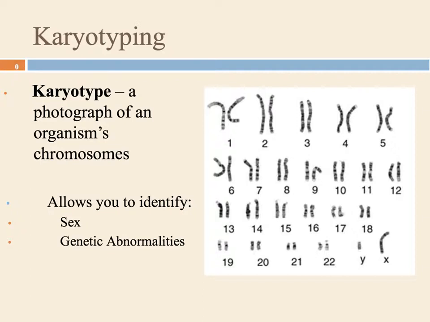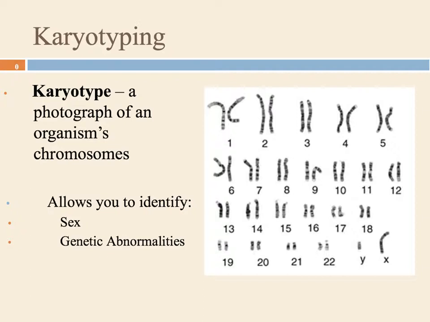It allows us to identify the sex of the individual, and it also allows us to determine if there is a genetic abnormality. So again, you're going to have two chromosomes for each number, because you got one from mom and one from dad, and we number them, and we know that there are certain genes on certain chromosomes.